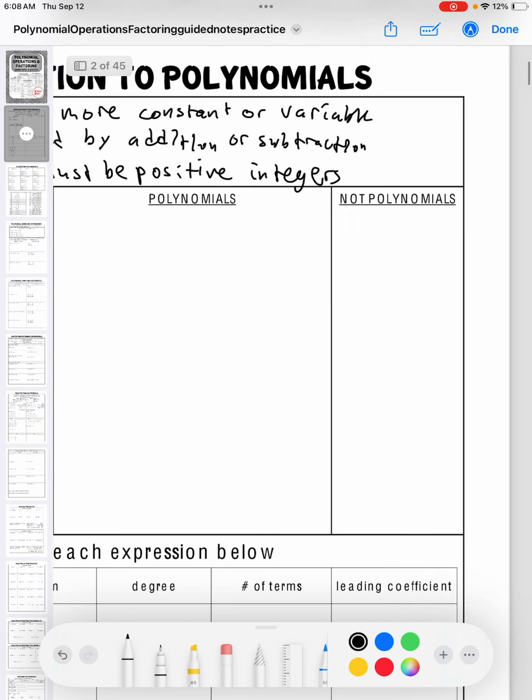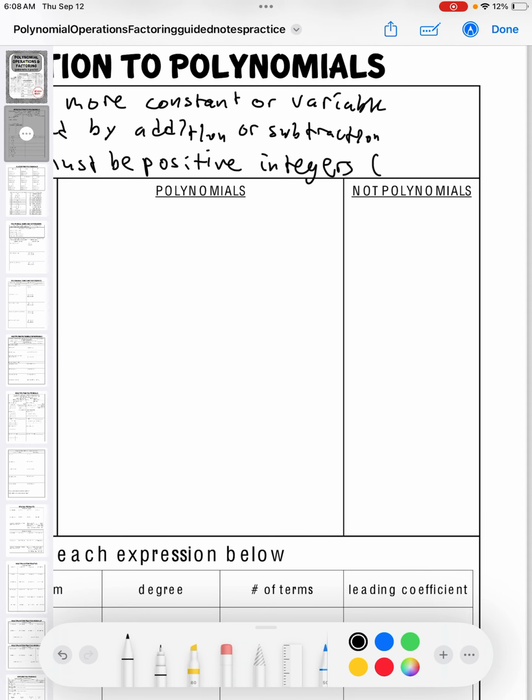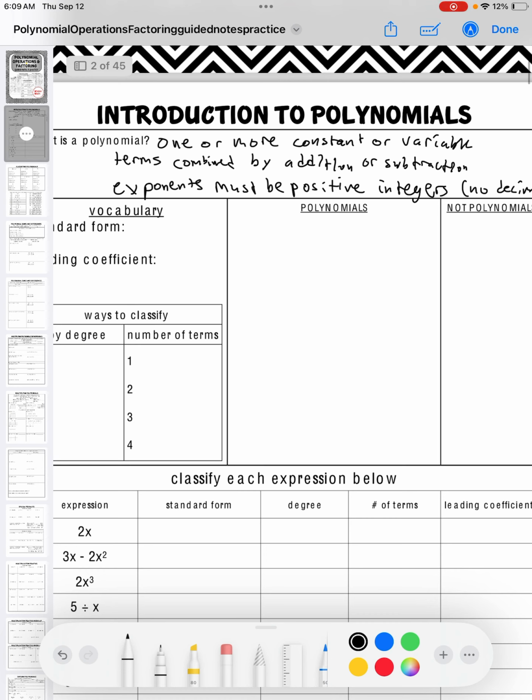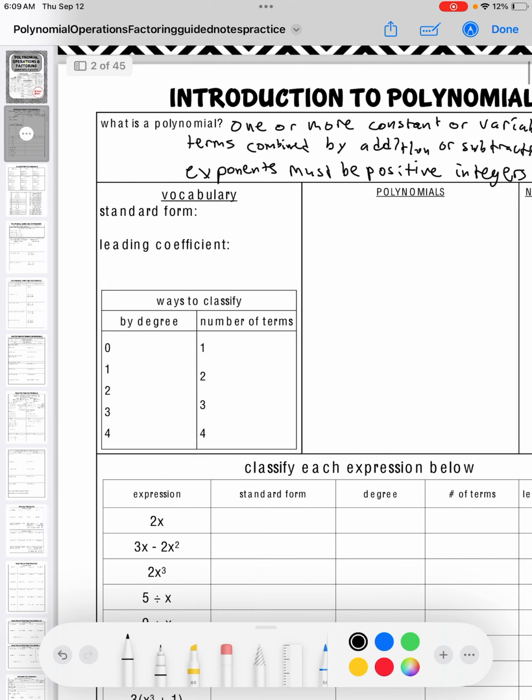So we'll put a note on the side: no decimals or fractions for the exponents. But the exponents have to be positive integers. So a polynomial is one or more constant or variable terms combined by addition or subtraction. Exponents have to be positive integers, and they cannot be decimals or fractions.